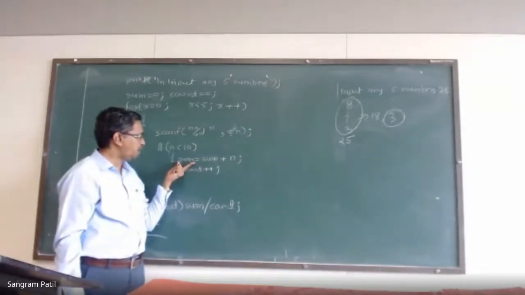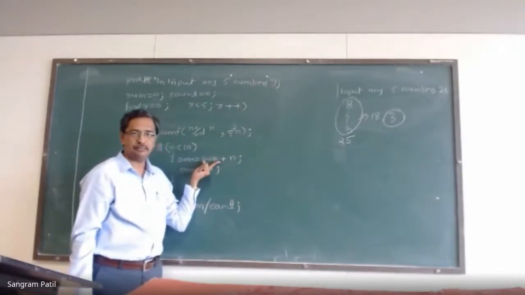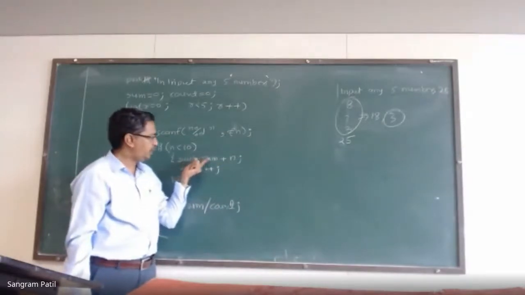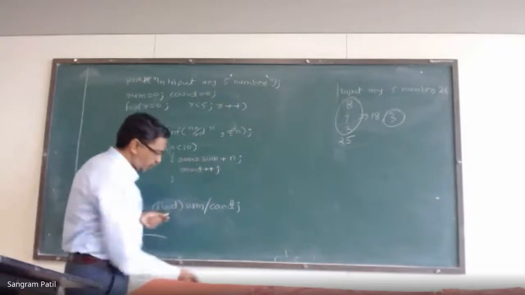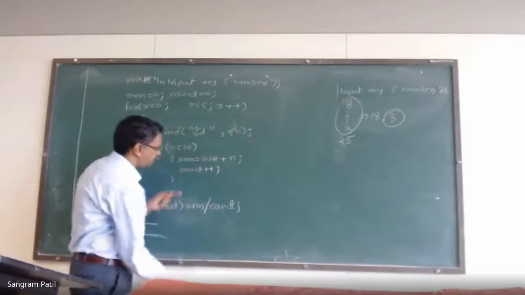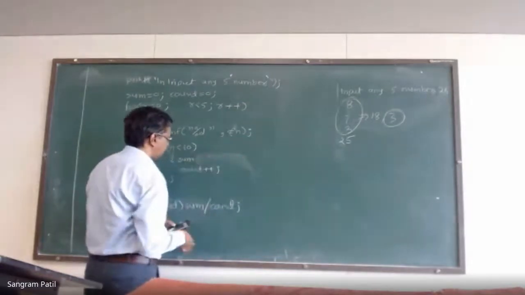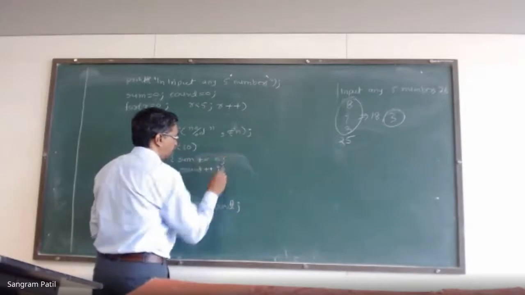The variable which is present on the left hand side is a part of the right hand side. So in such a case, instead of writing this statement sum equal to sum plus n, we can replace it as sum plus equal to n.